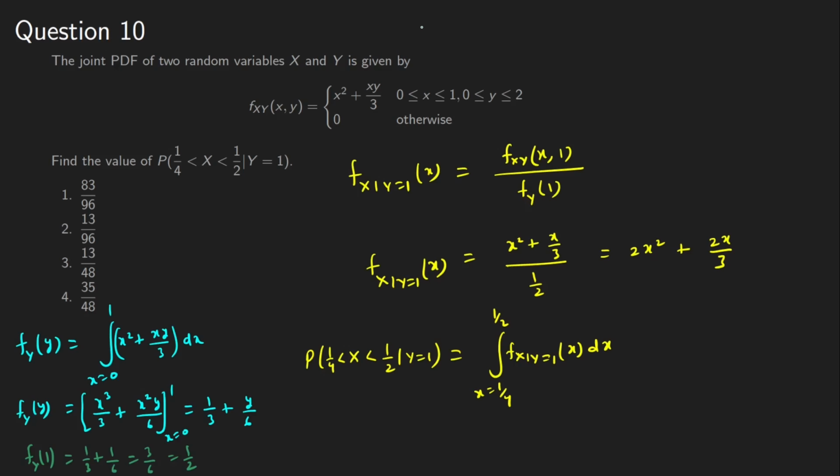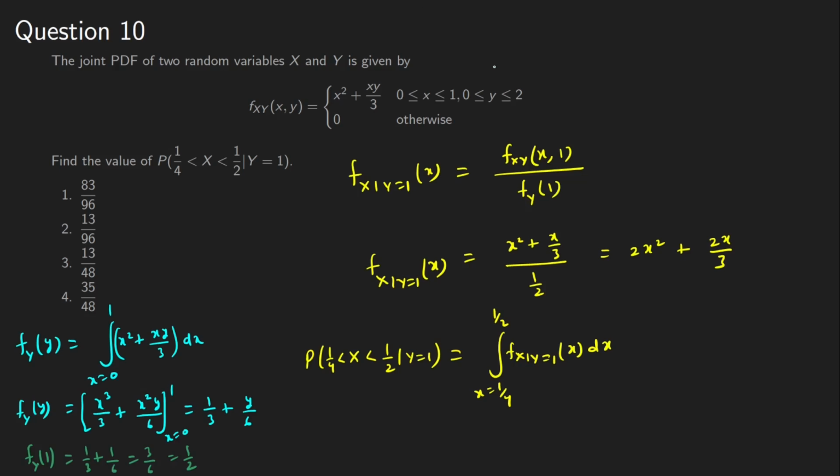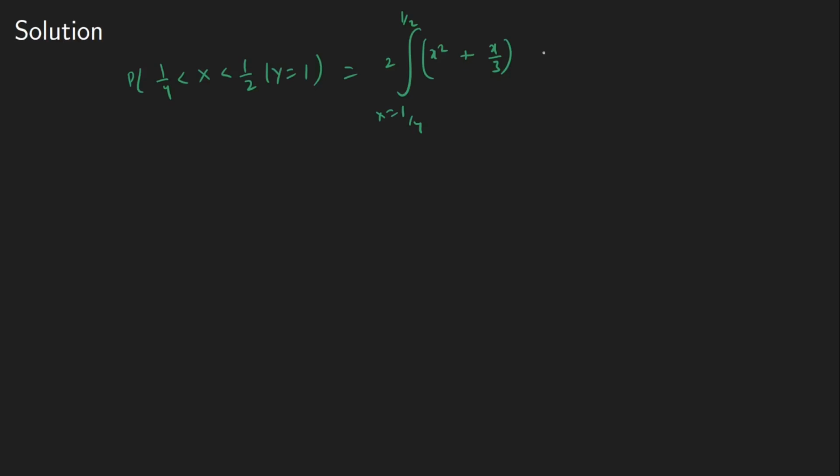So the probability that x takes value between 1 by 4 and 1 by 2 given y equals 1 is the integration of the conditional PDF, that is 2x squared plus 2x by 3. We can take the 2 constant out and write it as x squared plus x by 3, integrating with respect to x.